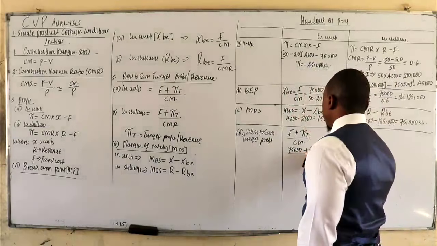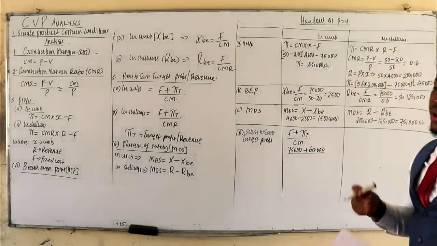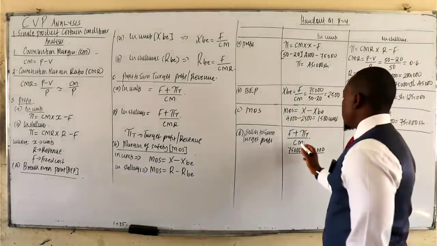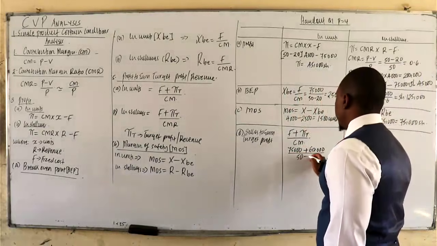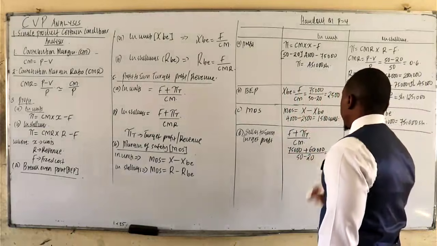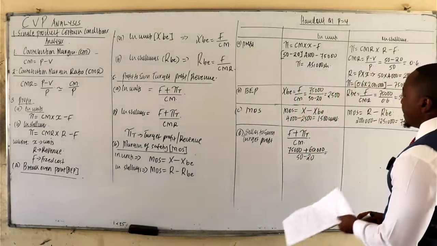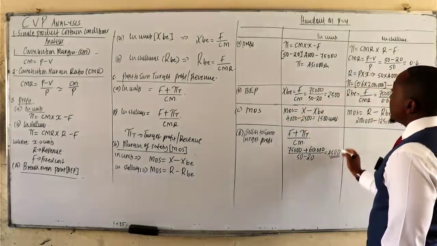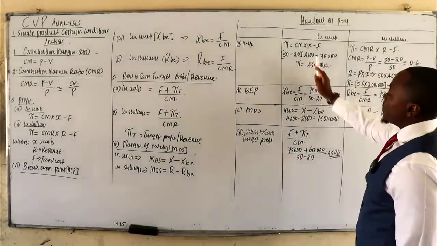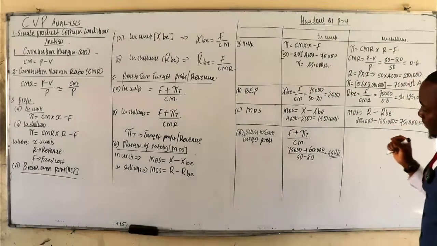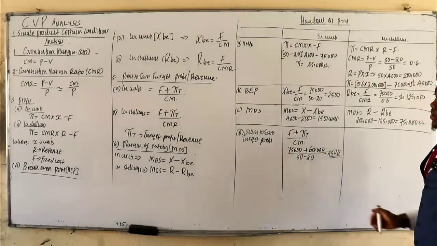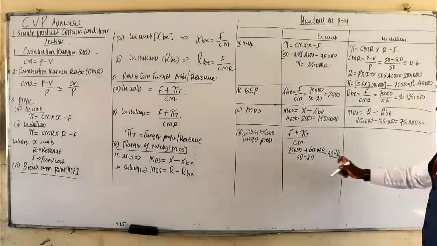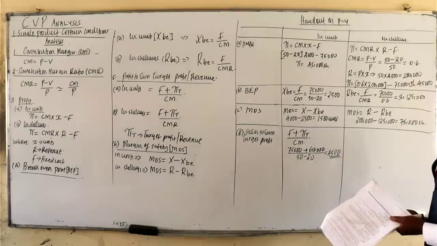So for us to achieve a profit of 60,000, how many units must we sell? So contribution margin is 50 minus the variable cost, 4,500. So that means we have to increase our production. Currently, we produce 4,000. But for us to achieve our target of a profit of 60,000, we must sell 4,500 units.